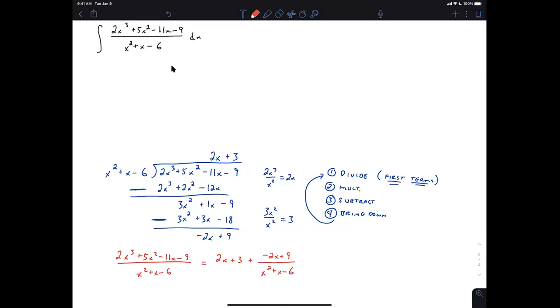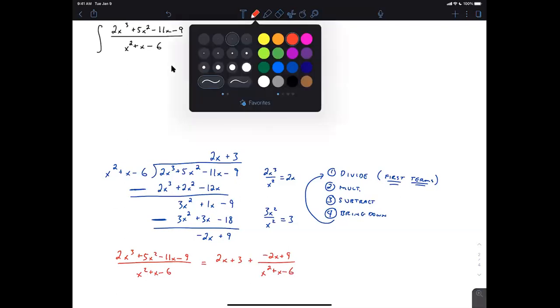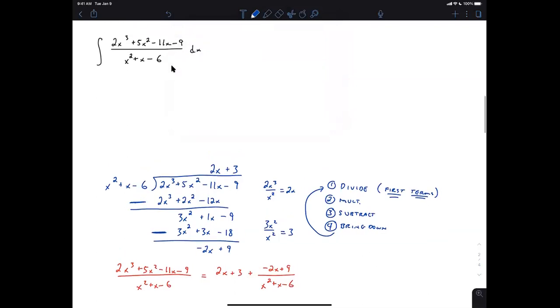Okay, so now we go to this original problem, and the point of the long division for our calculus problem is that we now can rewrite this in that last form. So we can rewrite it as 2x plus 3 plus this other fraction, negative 2x plus 9 over x squared plus x minus 6 dx, and that's all in parentheses.